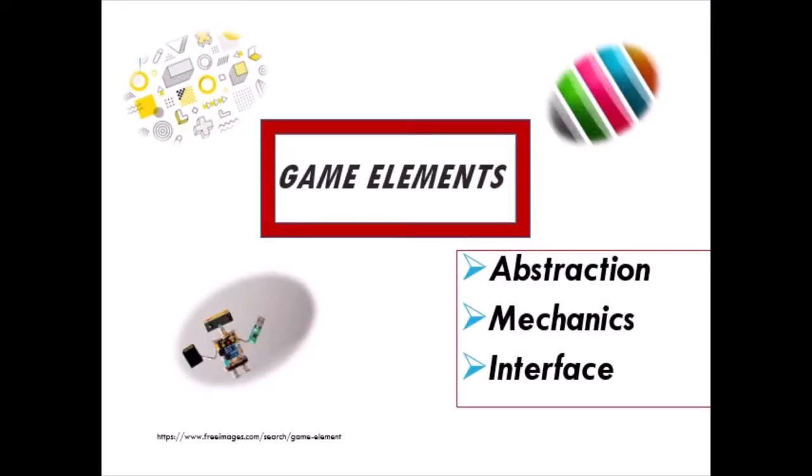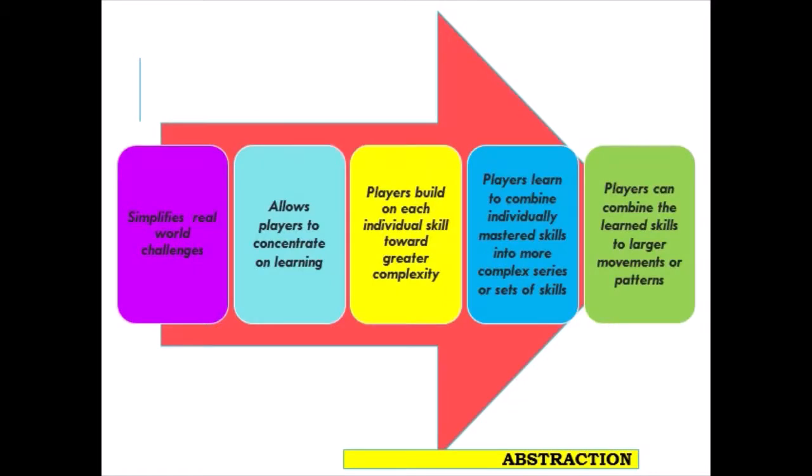The three major elements of games are abstraction, mechanics, and interface. Game elements are used in gamification as well. When we talk about abstraction, it means that as teachers, we simplify the real-world challenges for our students. This gives our students an ability to focus on their learning and to learn simplified skills.